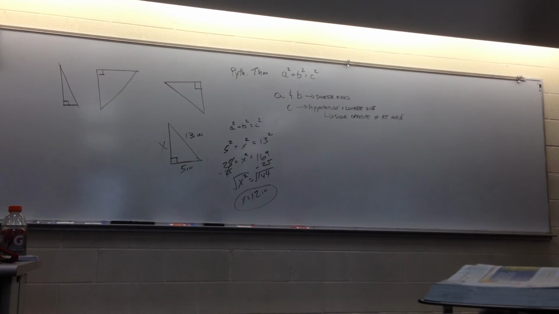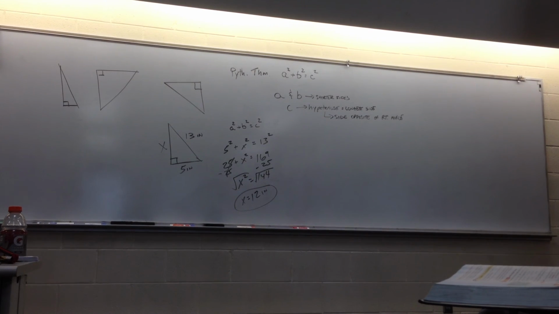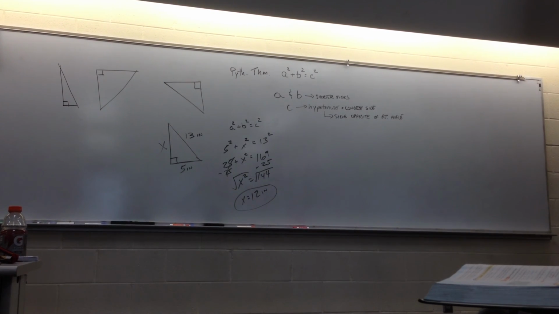That's right, but that's not always true. So the converse of a conditional is not always true. Does everyone understand that? It can be true, but it's not always true.